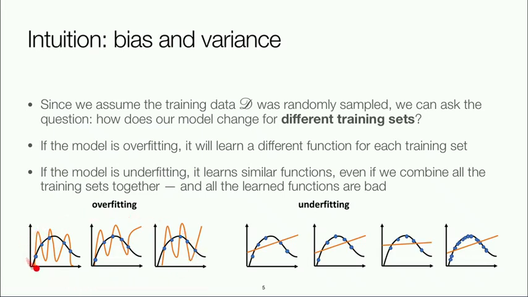But if I don't have enough training data and I sample different data sets, then my model is going to do a really good job of fitting that training data, and then learn a different function every time that's always overfitting, not really representing the actual function that I want to learn. So that's the intuition behind these two different types of generalization error that my model can make. And now what we want to do is put that into math, into equations.